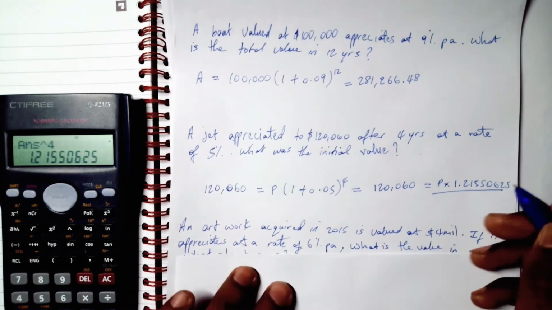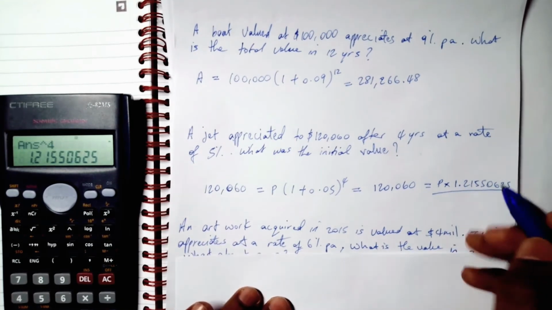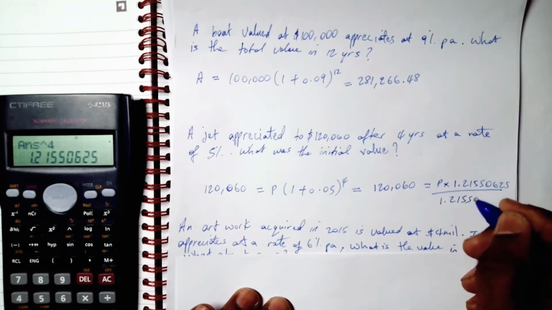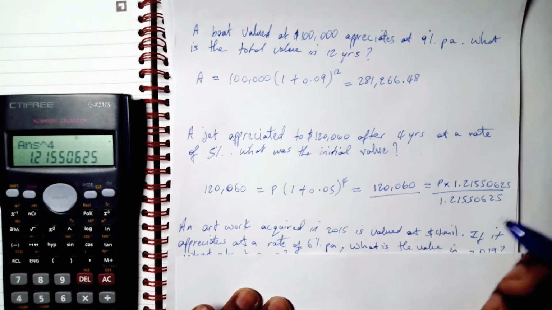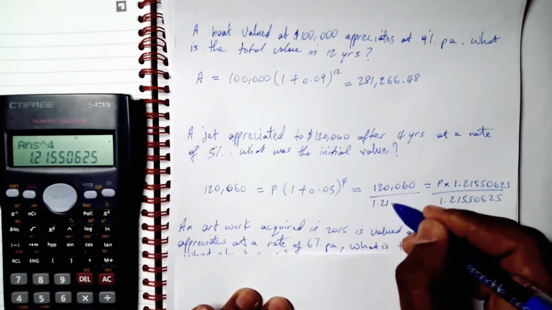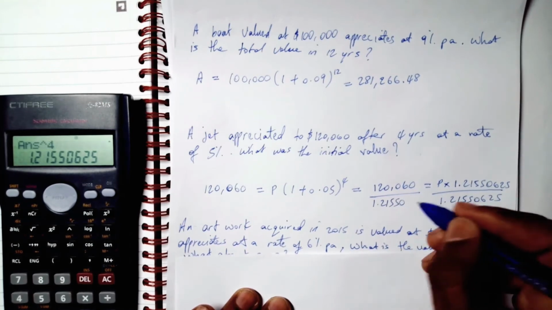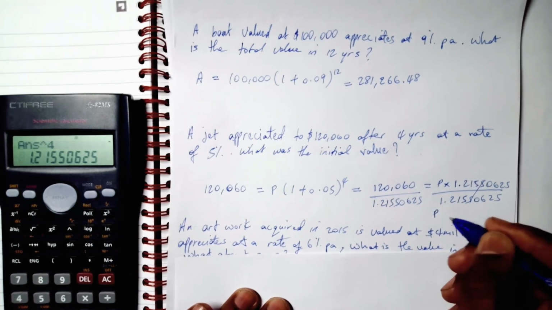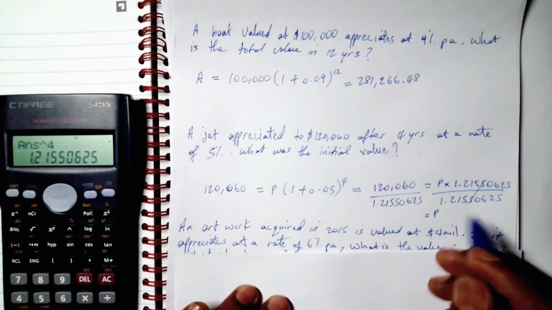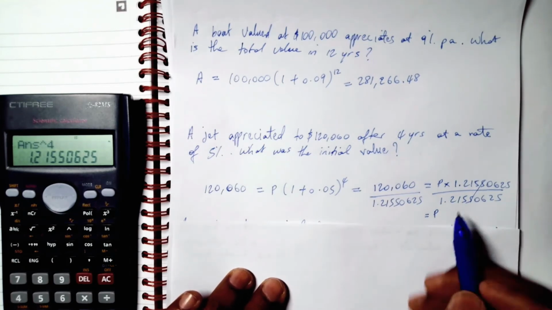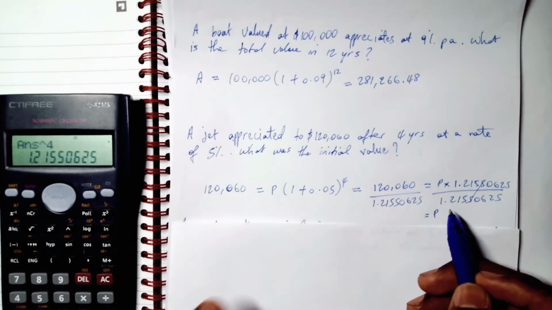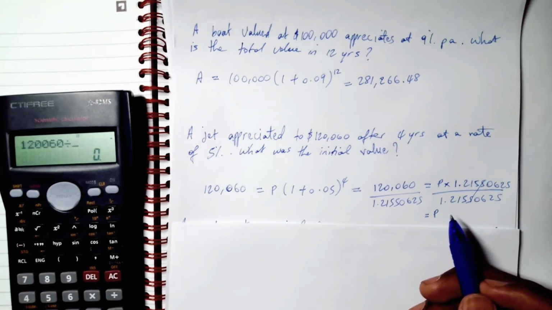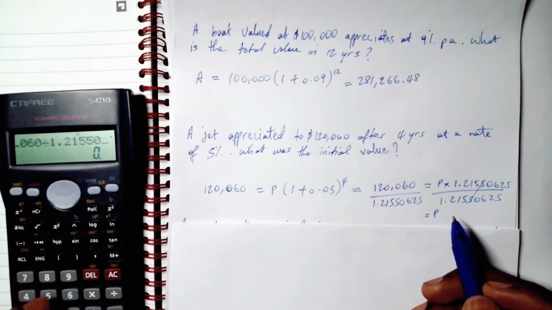Divide both sides by 1.21550625. This cancels this. Therefore, P. I wrote this backwards, but it's okay. Therefore, P is equal to 120,060 divided by 1.21550625.